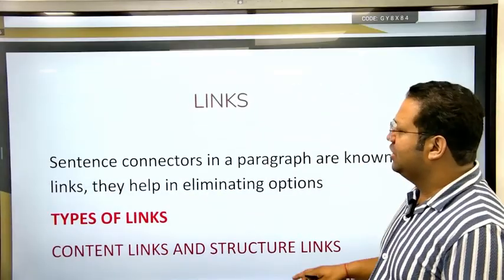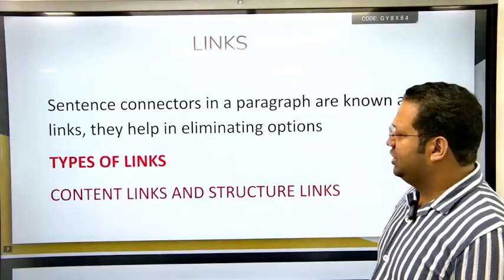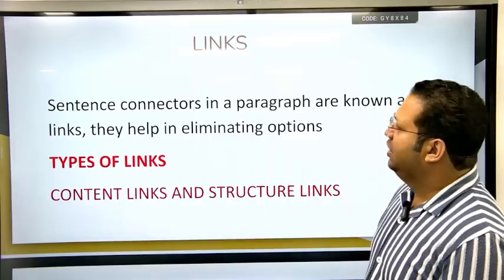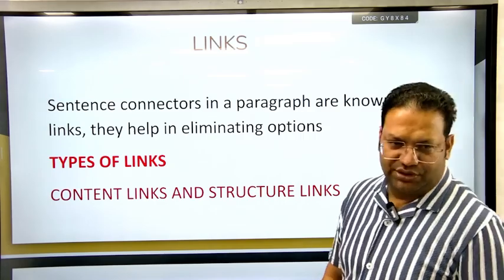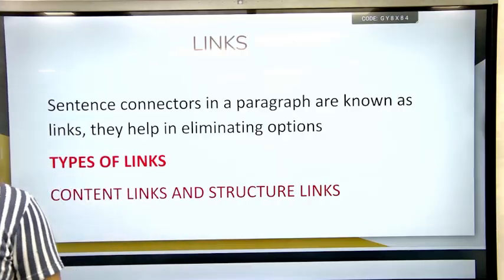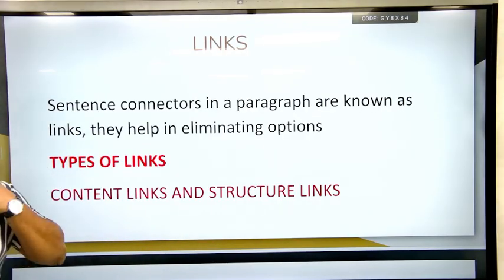Then you have links. Now this is one of the important slides, I would say. Sentences connected in a paragraph are known as links. They help in eliminating options. Now what are sentence links? Connectors. So what is connecting?